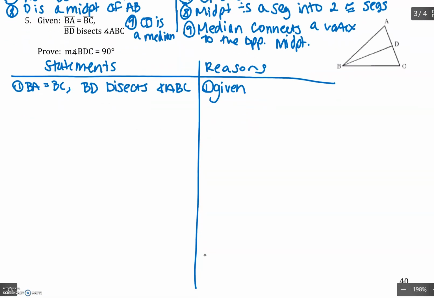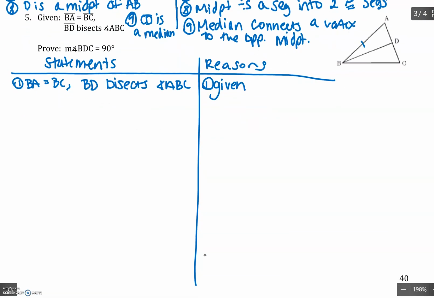All right, number 5. We have that BA is congruent to BC. We have that BD bisects angle ABC, so that would make these two parts congruent, 1 and 2. So I'm going to use that first. Remember that segments can be equal or congruent, kind of means the same thing. All right, so angle 1 is congruent to angle 2 because of the angle bisector.